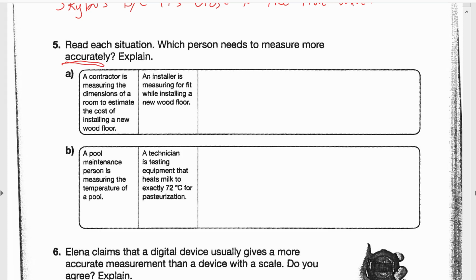You have to tell me which one needs to measure more accurately. The one that's estimating or the one that's installing? You tell me, and why. For B, a pool maintenance person is measuring the temperature of the pool, and a technician is testing equipment that heats milk to exactly 72. So tell me which one has to be more accurate.